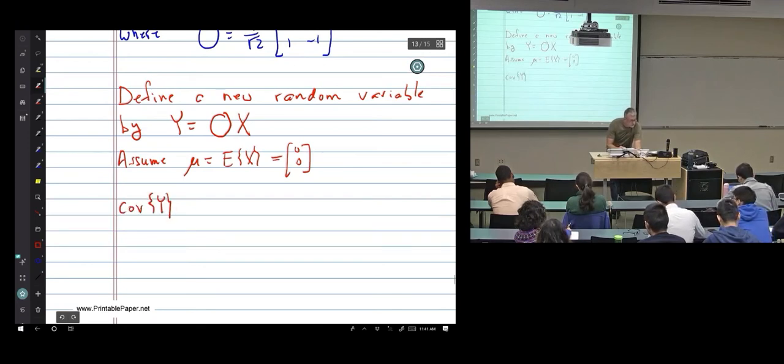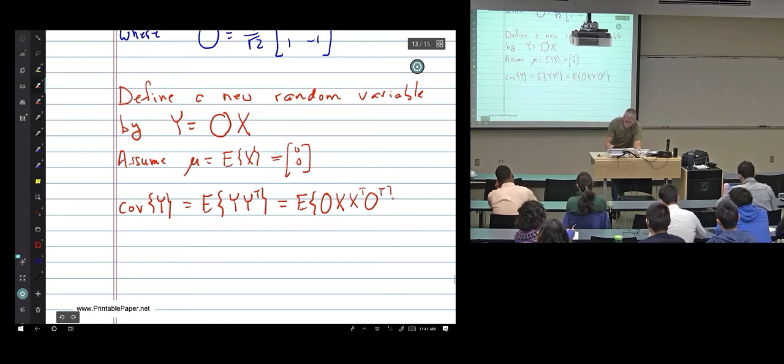Then the covariance of y is the expected value of y times y transpose. Y is O times X, and this will be X transpose O transpose.